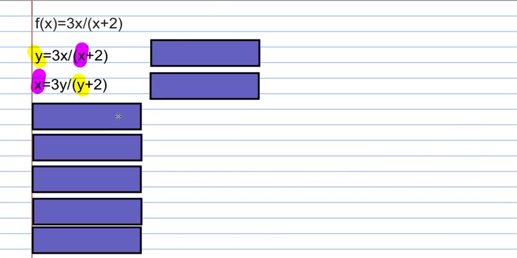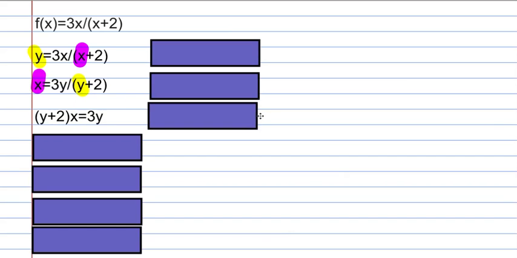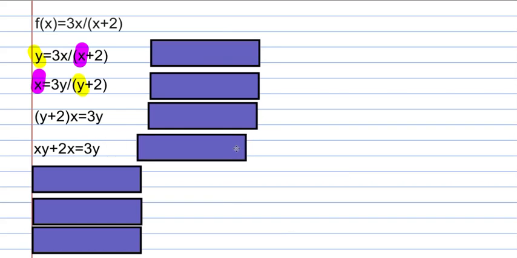Okay. Now we're going to begin to solve for y, and the first thing that was done was we divided both sides by y plus 2. And then we used the distributive law and distributed the x through.